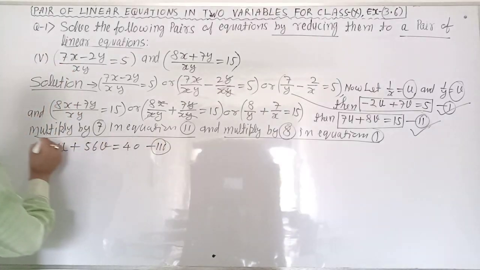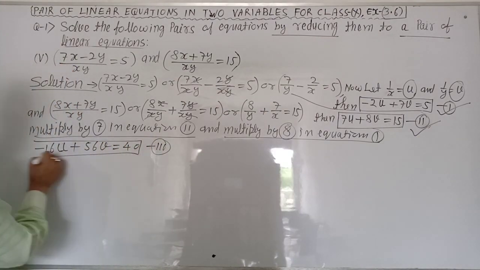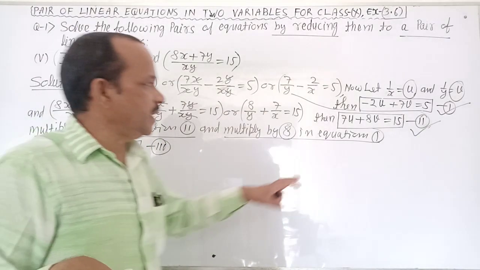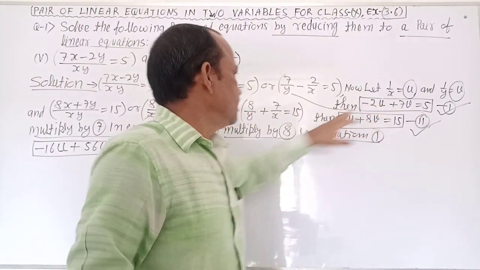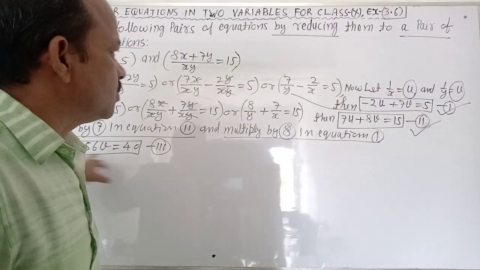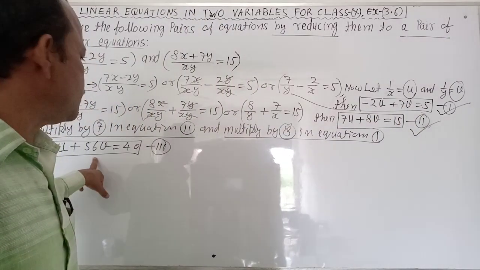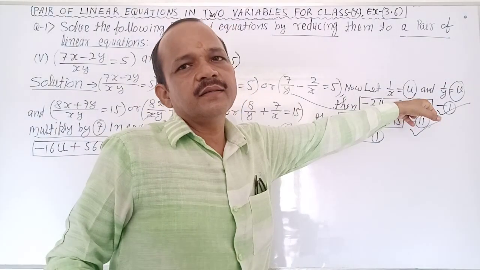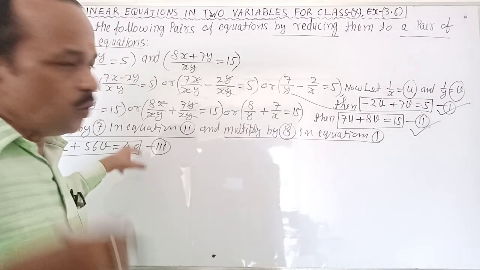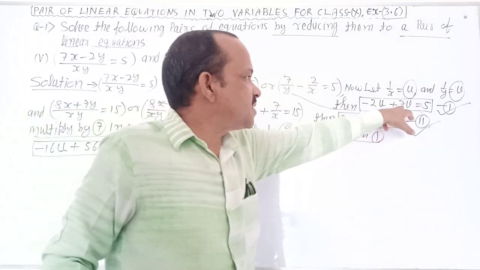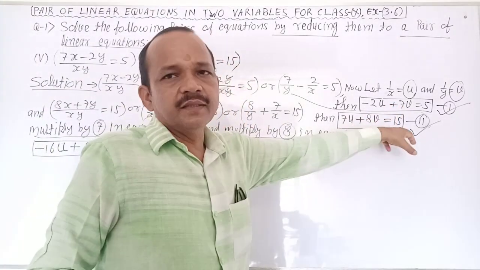Equation third. Here 8 2s are 16, minus 16u, 8 7s are 56, plus 56v, 8 5s are 40. Now multiply by 7 in equation second.